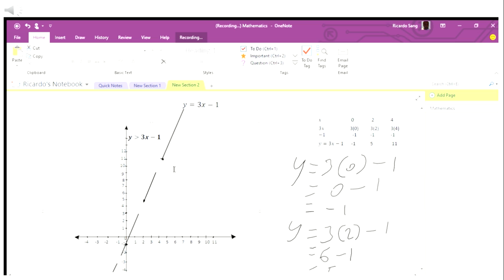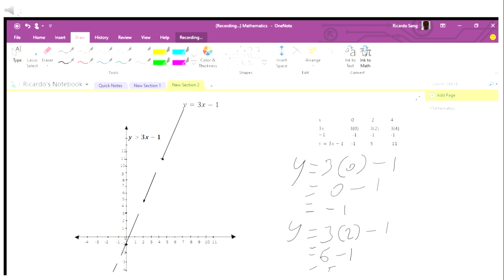So over this area now would be y less than 3x minus 1.